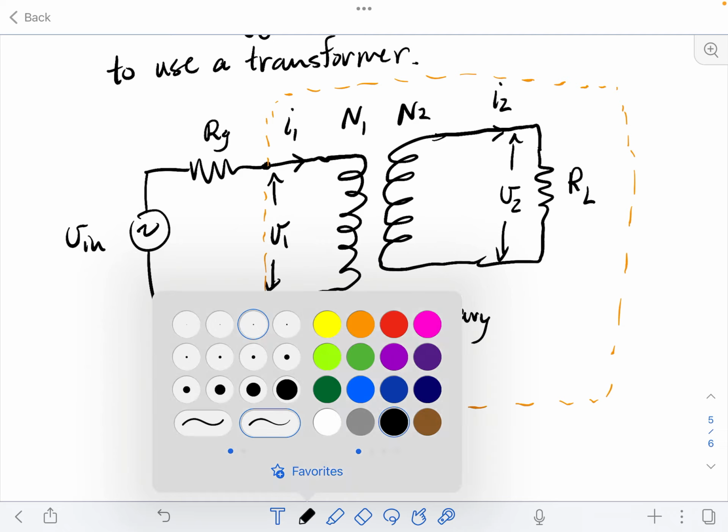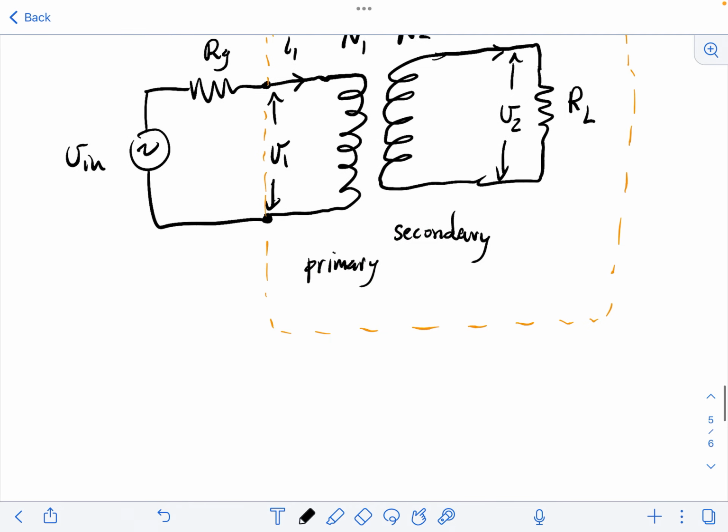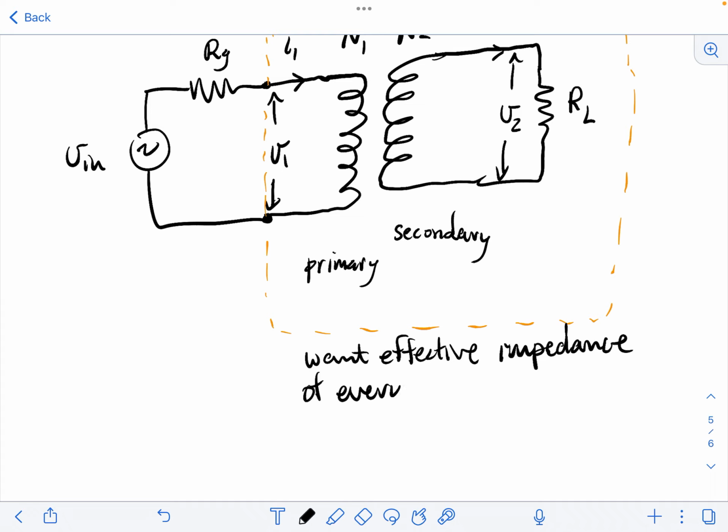So we want the effective impedance of everything in the dashed box to be Z1.